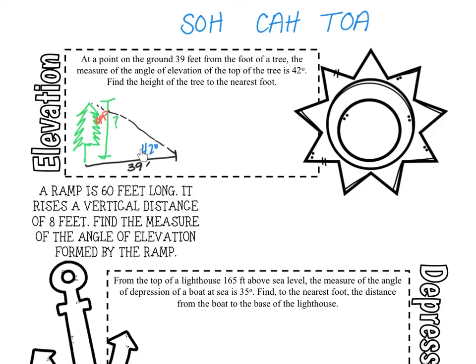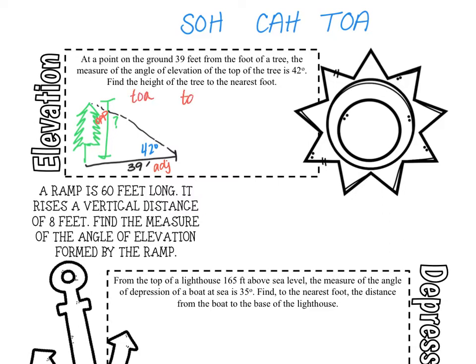Okay, across from here's my little 90-degree angle. Here's my hypotenuse. There's nothing there. And then next to my theta, I have horizontally 39 feet. That's going to be my adjacent. And so I have an O and an A. And so I'm looking for an OA, so that means I'm going to be working with TOA.